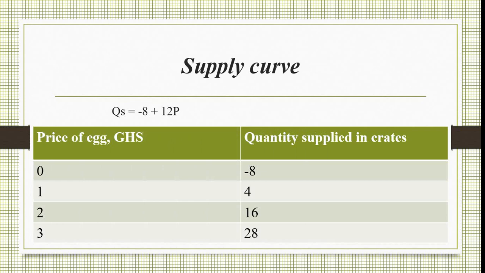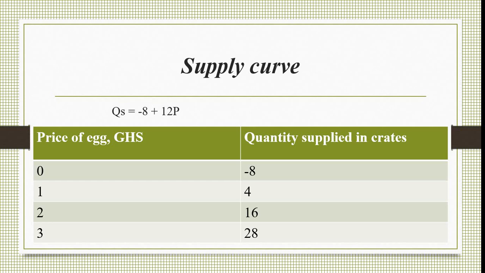Okay. So if the price is zero, how much do the producers put in the market? When the price is one, how much do they supply? So from here, at zero, you can see that the supply value was negative 8. And as I said earlier, we don't have negative supply, so negative quantity supplied or quantity demanded.